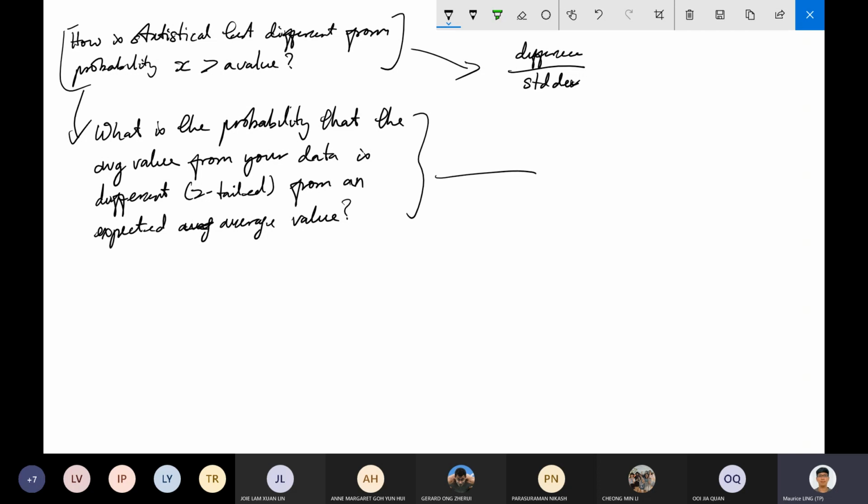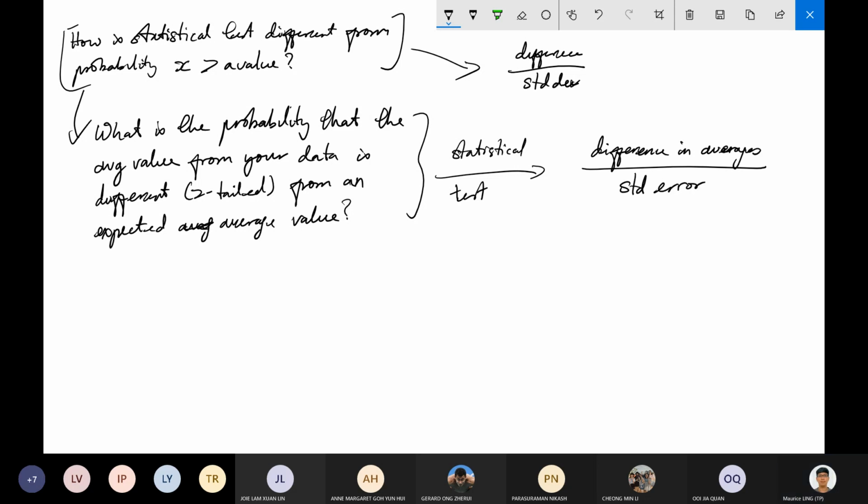But when you do your statistical test, it is actually the difference in the two averages divided by the standard error, not the standard deviation. This concept is kind of a bit fuzzy in the lecture notes.